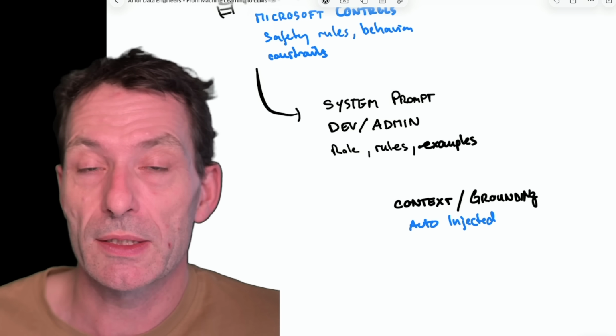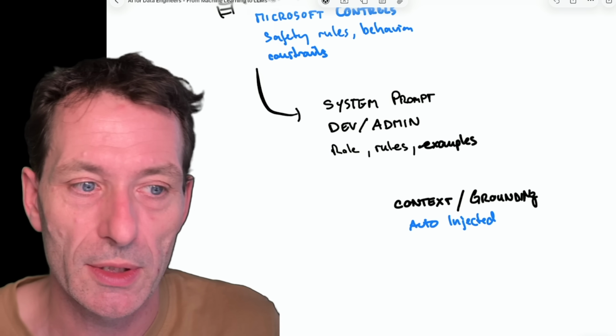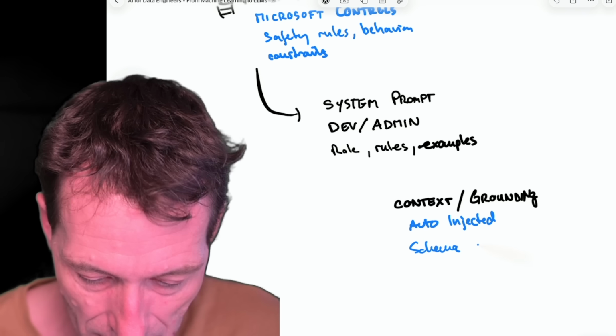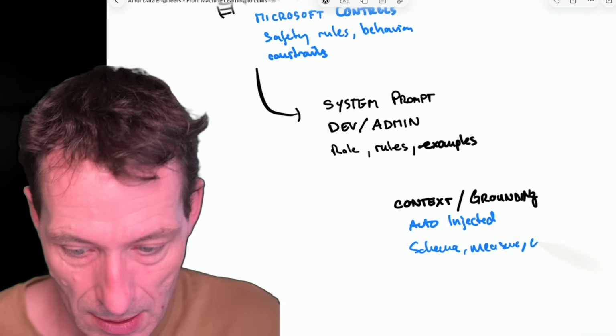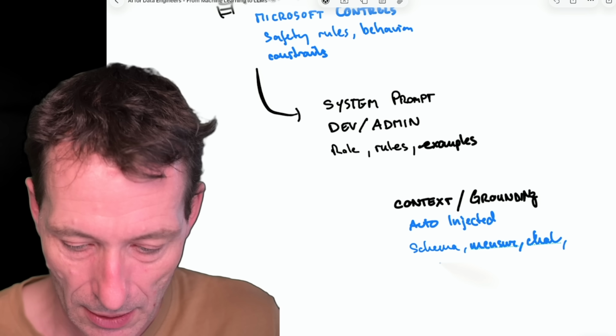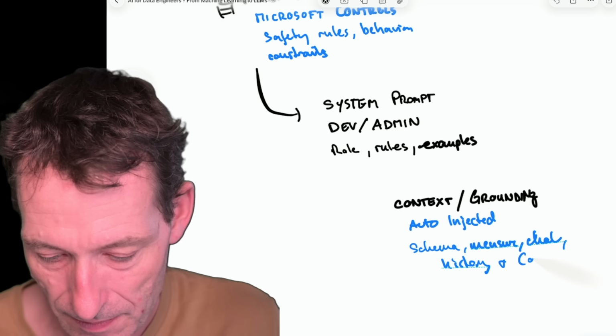So some documents that are in the scope, some documents that are uploaded, and so on. These are like schemas, measures, the pre-existing chat, right? And history, and other content.